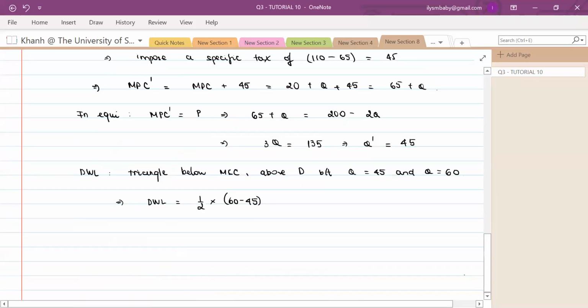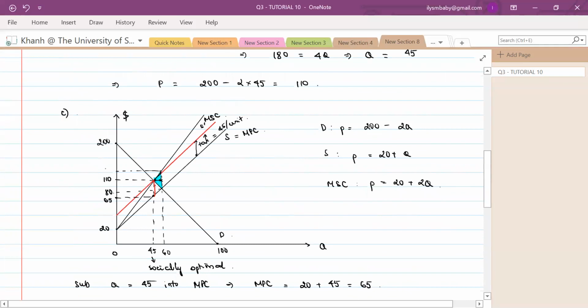we know that at 60, marginal social cost is equal to 20 plus 2Q. So it's 120 plus 20, that's 140. So it's 140 over here. The base is basically the difference between 140, which is the marginal social cost, and the demand, which is 80.